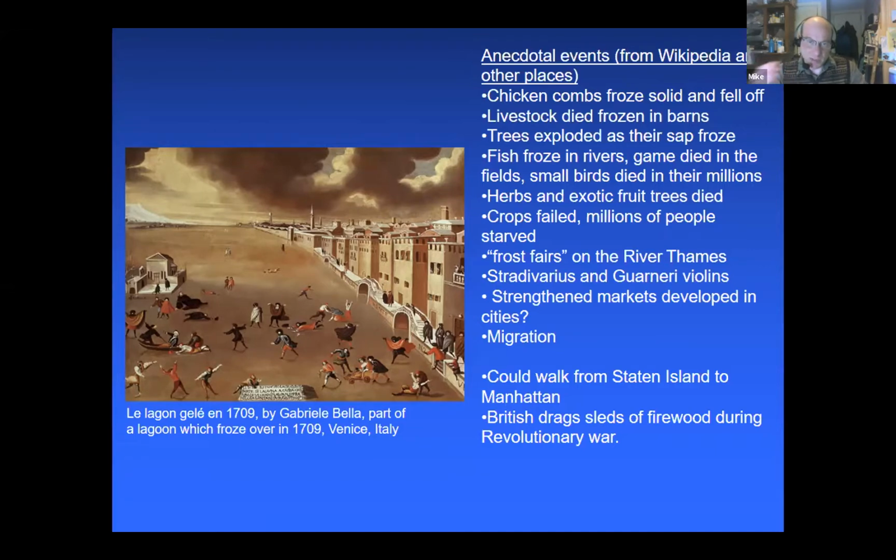One of the books I just mentioned says that because there was so much crop failure in farming, a lot of people moved into cities or migrated to North America and South America. I'll discuss that at the end of the talk. And so it may have had an effect on markets and market economies, with less people being dependent on farming, more people living in cities, and a switch to less agricultural economies around the world in many countries, not everywhere, obviously.